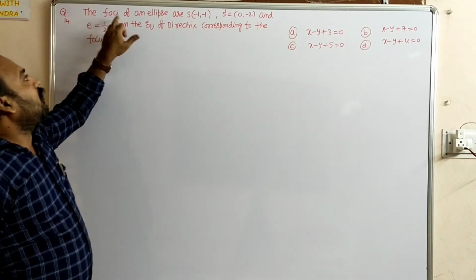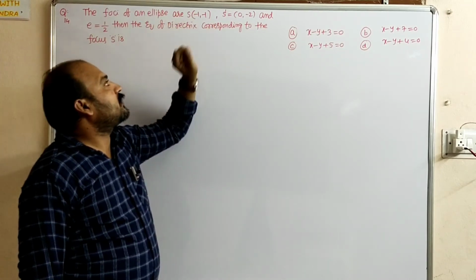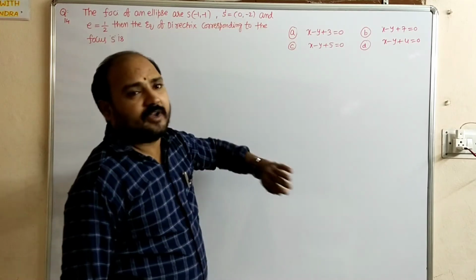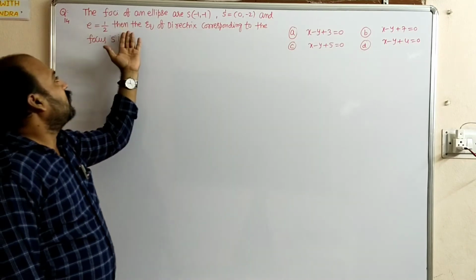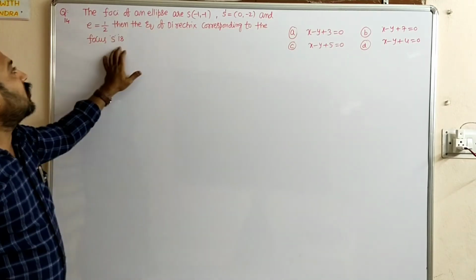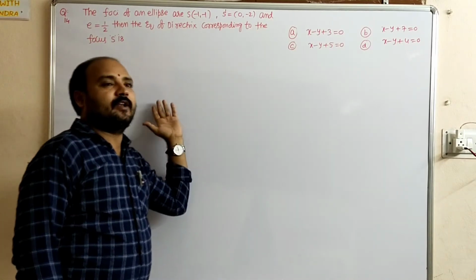The foci of an ellipse are S equal to (minus 1, minus 1), S dash equal to (0, minus 2), and eccentricity e equal to 1 by 2. Then the equation of directrix corresponding to the focus S, whether it is this side or this side.